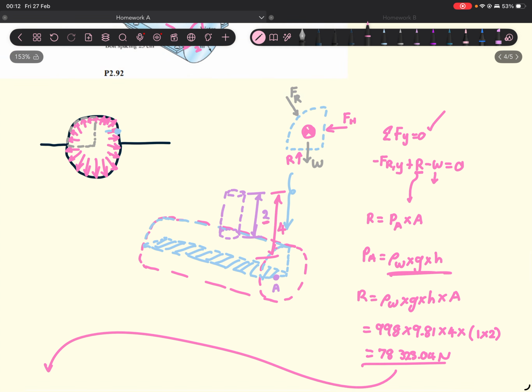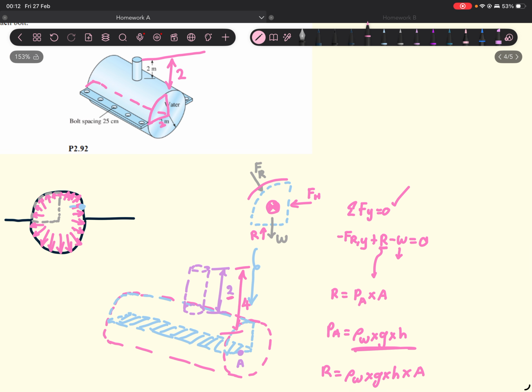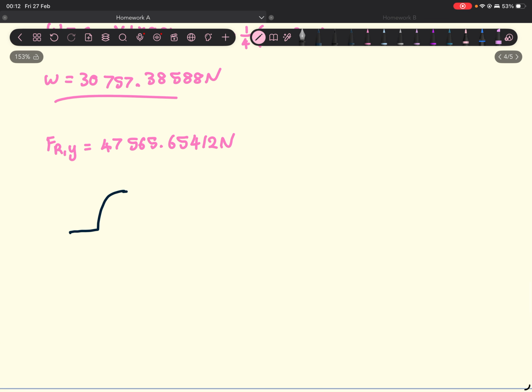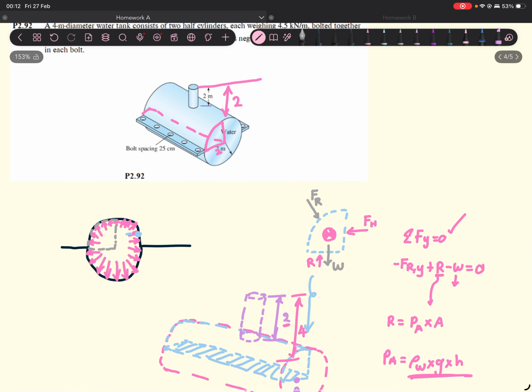Okay, so we calculated for this little portion, so we're going to calculate for that same shape basically, but now we're dealing with the outside tank. So this is the portion that we're analyzing.